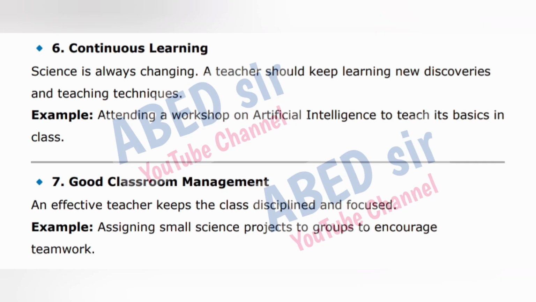A teacher should keep learning new discoveries and teaching techniques. Example, attending a workshop on artificial intelligence to teach its basics in class. 7. Good classroom management. An effective teacher keeps the class disciplined and focused. Example, assigning small science projects to groups to encourage teamwork.